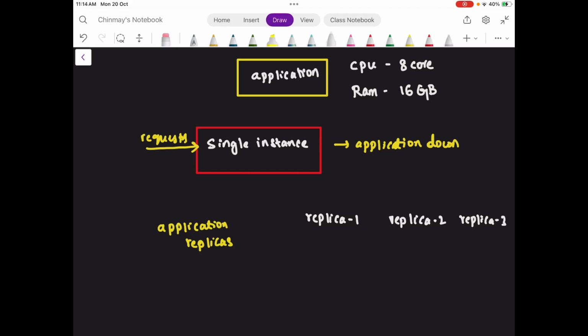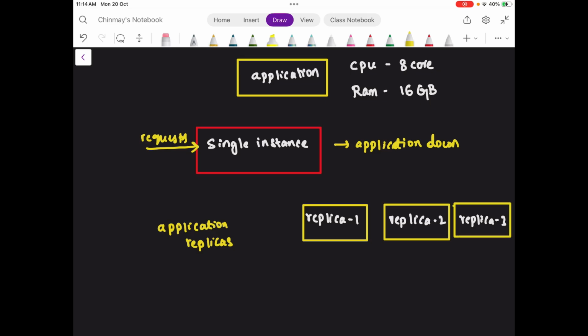We increased our application to 3 replicas. Now what happens if the number of requests increases? It will be distributed. If the number of requests increases again in future, we will do horizontal scaling again. Now it is fine, your application is going to scale, whatever number of requests come.